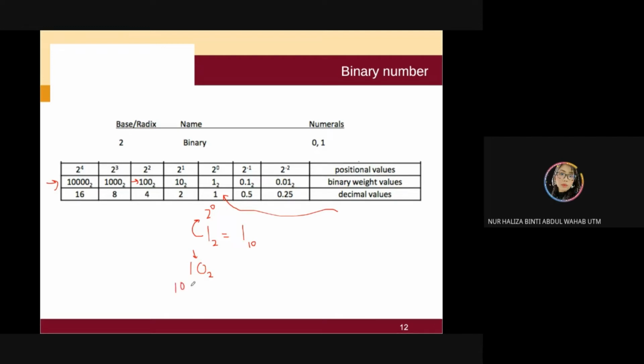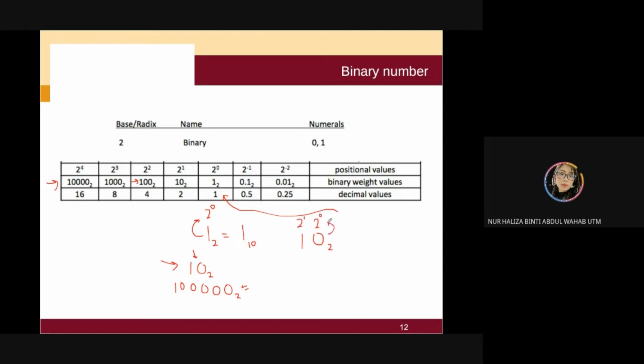Although you have 100,000 here, you cannot say 100,000 base 2 or binary. You need to say 10000 base 2. So over here, for this example, you will get 10 base 2. Over here, it will be represented as to the power of 0 and to the power of 1.